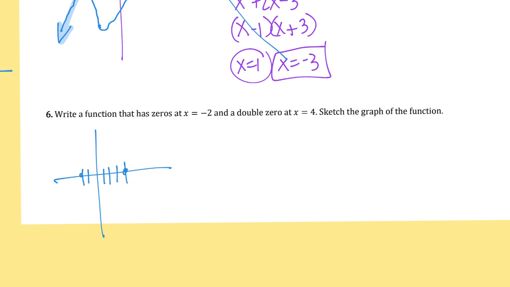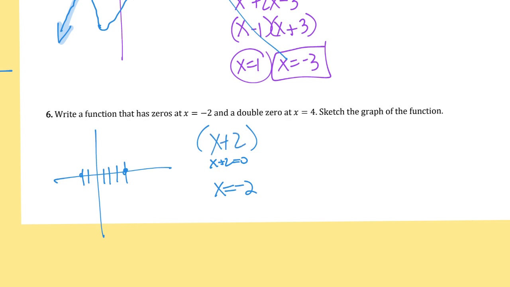I think the first thing would be, let's work backwards. If we know x equals negative 2, do you know what parenthesis made it? Think backwards. If you got negative 2, you would have solved the equation x plus 2 equals 0 to get there, and so you would do x plus 2 as that root.